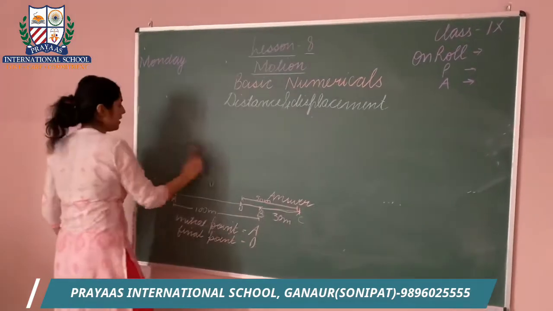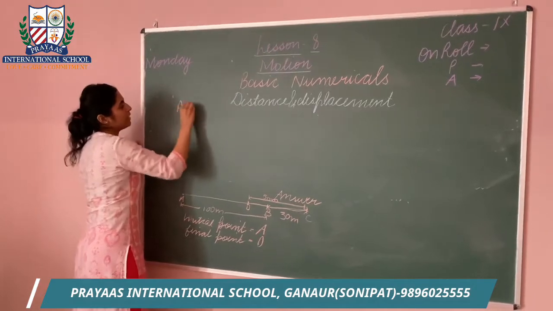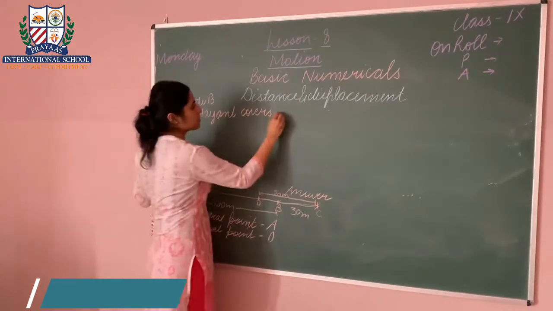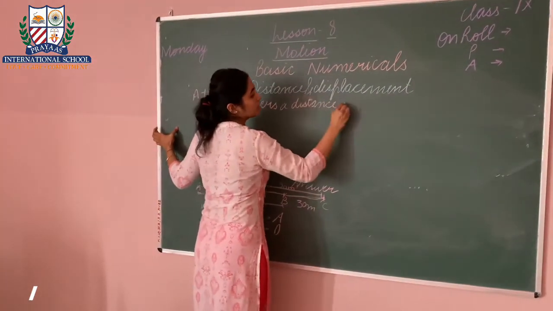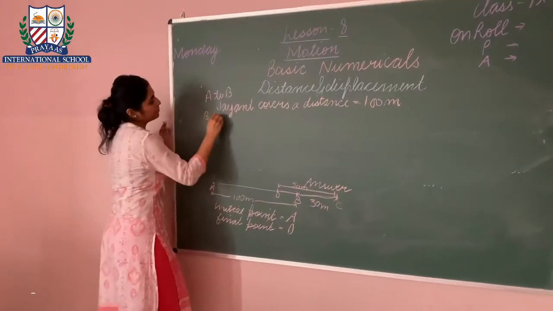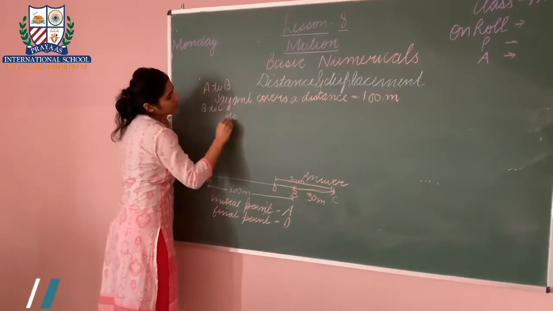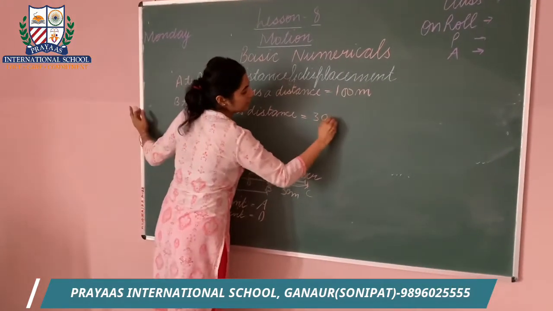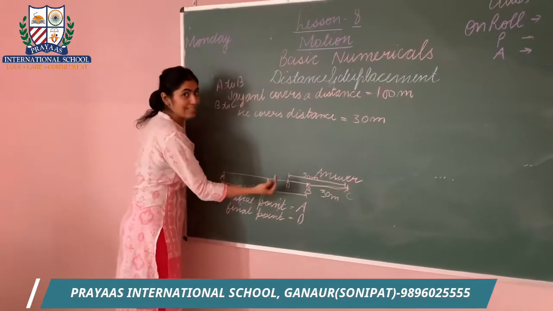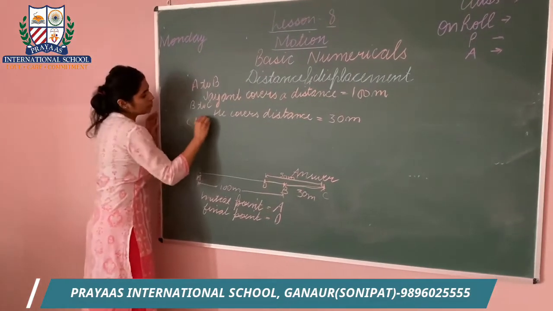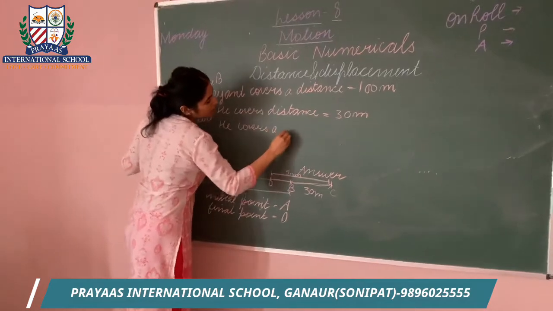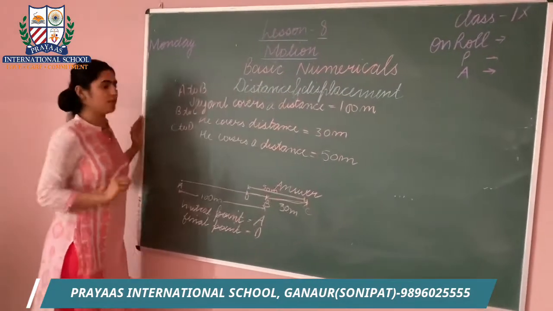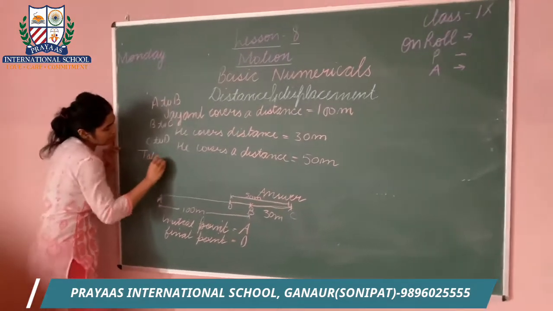So Jayant first moves from A to B. How much distance does Jayant cover? He covers a distance of 100 meters from A to B. From B to C, he covers 30 meters, and then from C to D, he is coming back from point C to D. From C to D, he covers a distance of 50 meters.